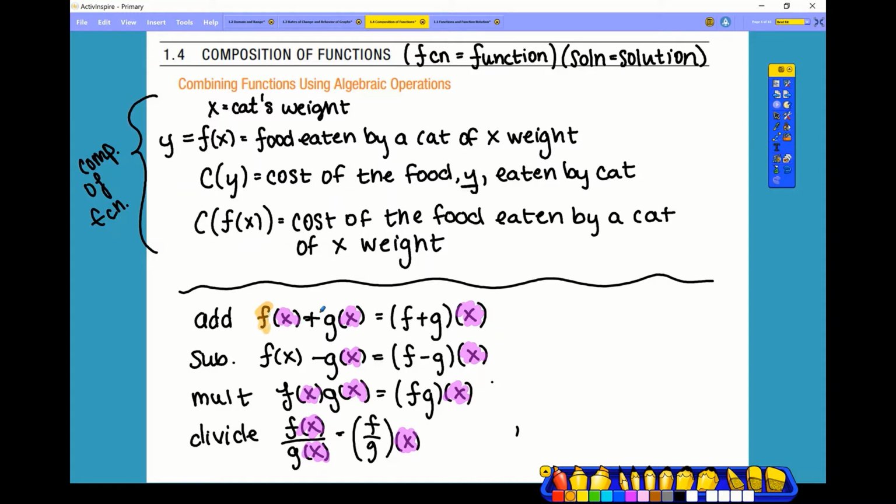And then these guys are these guys. Oh, well, you include the operation, of course. So this is what combining functions using algebraic properties looks like. That's algebra.